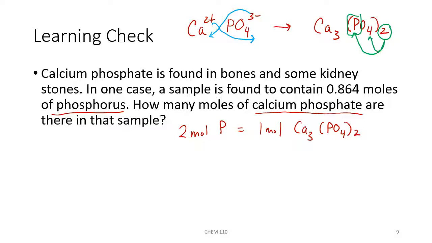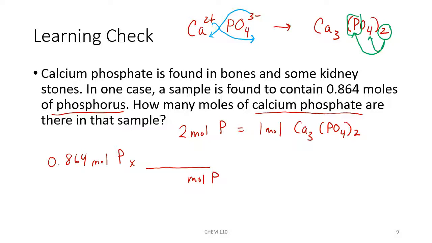Now, we know that we have 0.864 moles of phosphorus. That's what we were told in the problem. And we want to convert moles of phosphorus to moles of calcium phosphate. So we can use our conversion factor we just wrote. Moles of phosphorus will go in the denominator.